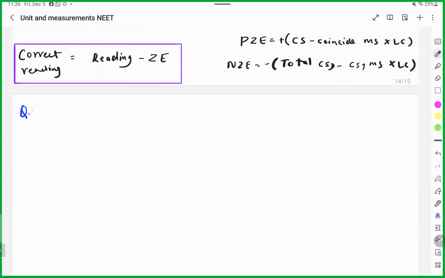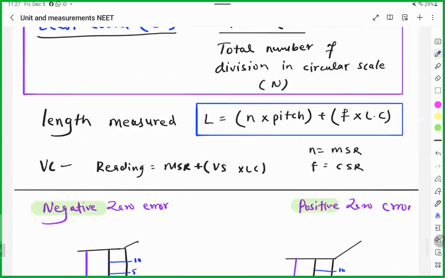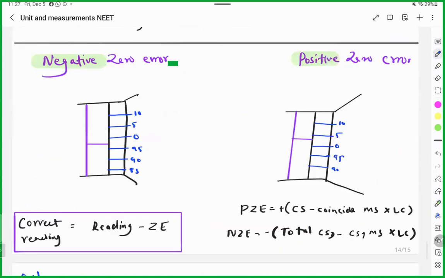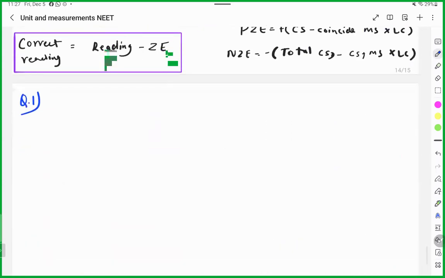First question is, by the way, spherometer or screw gauge is the same thing, or micrometer, the same thing. If anybody says spherometer or micrometer, don't feel like, oh, this is something new. It is the same as the screw gauge. You will get through the question also because pitch we use only in the screw gauge, not in Vernier Caliper.